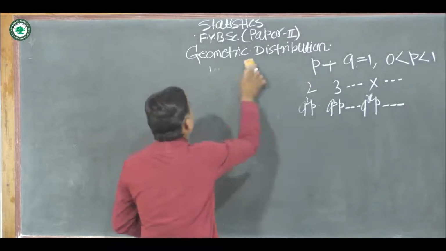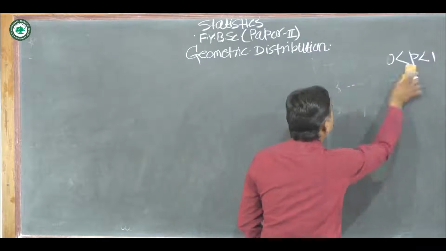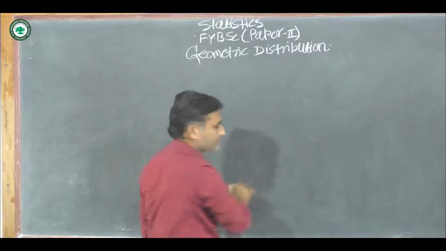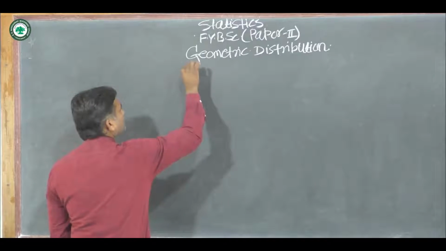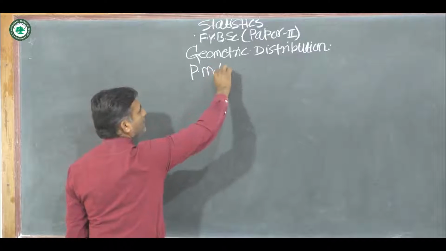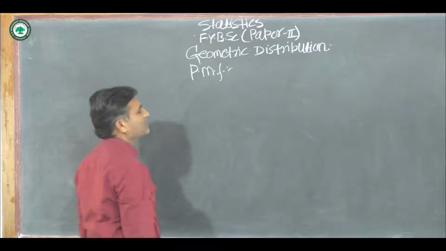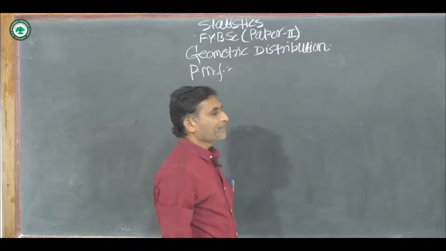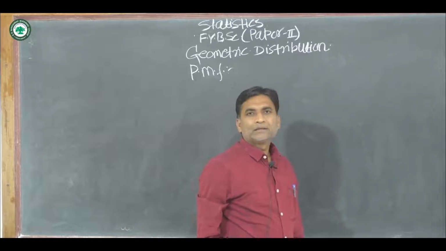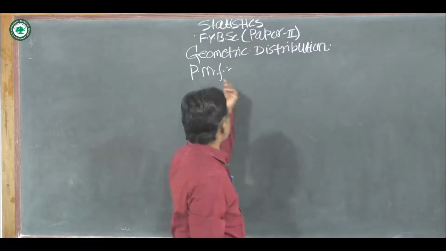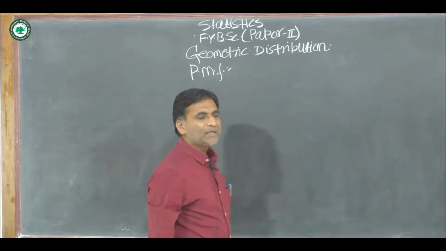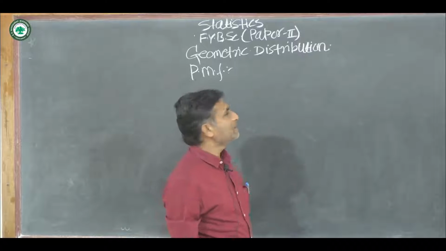Now the PMF, or probability mass function, of geometric distribution. Consider a Bernoulli trial with constant probability P of success in a single trial.